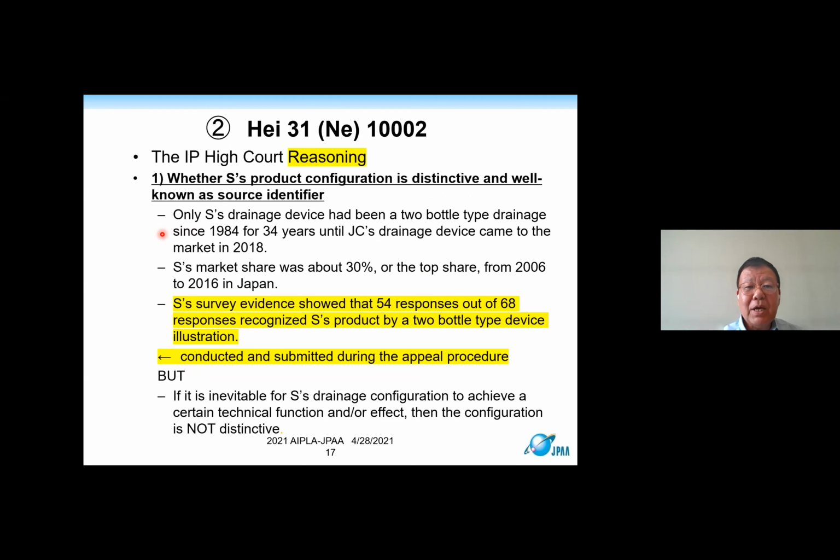Sumitomo's market share was about 30%, or the top share, from 2006 to 2016 in Japan. Also, Sumitomo's survey evidence showed that 54 responses out of 68, about 80%, recognized it as Sumitomo's product by the two-bottle type device illustrations.